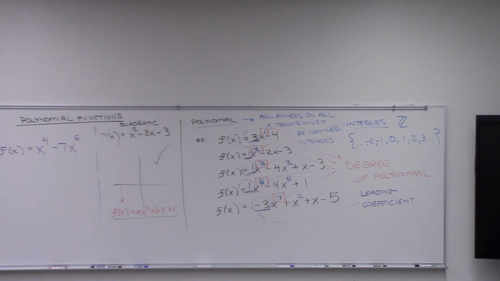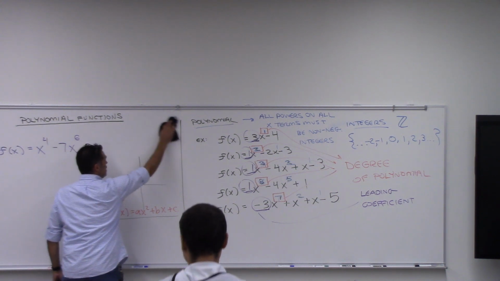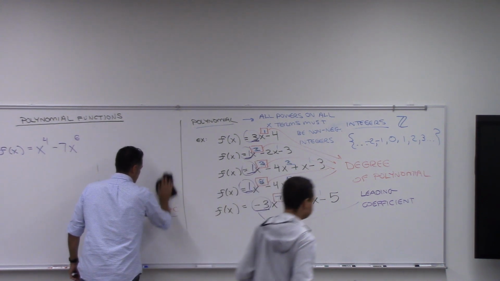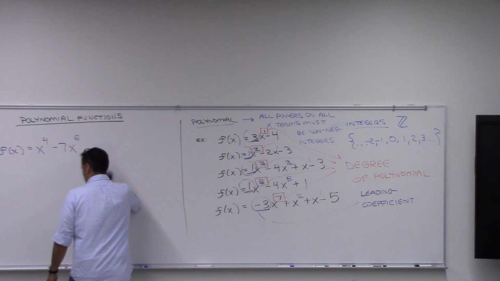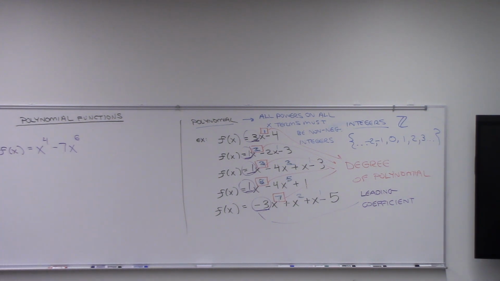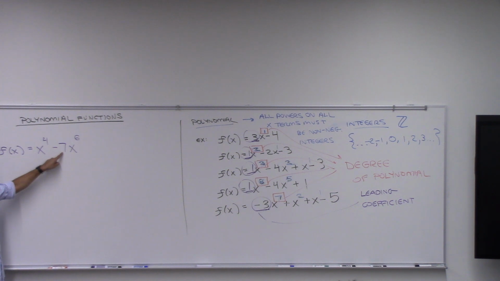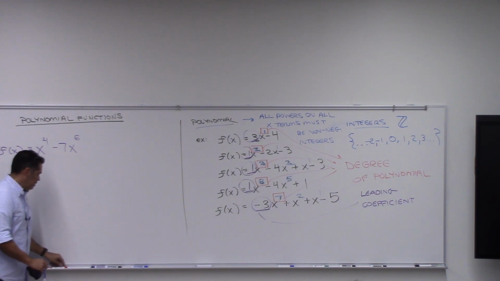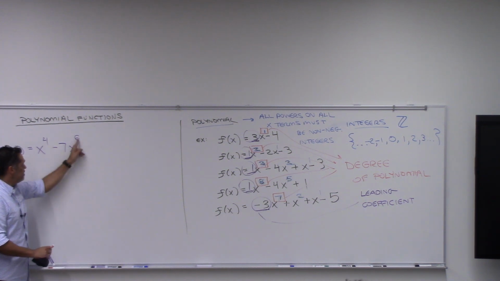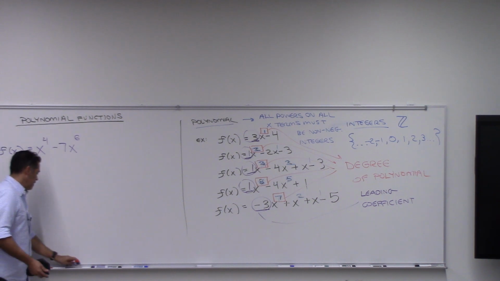Is that a polynomial function? Yes, it is. What's the degree? 6. What's the leading coefficient? Negative 7. Highest power of x, 6. The number in front of that highest power is the leading coefficient. Y'all got it? Degree 6, leading coefficient negative 7.